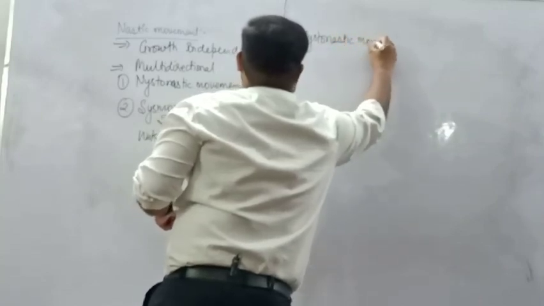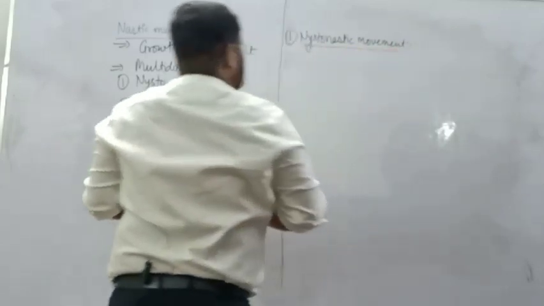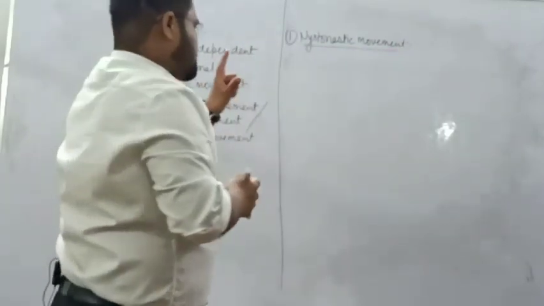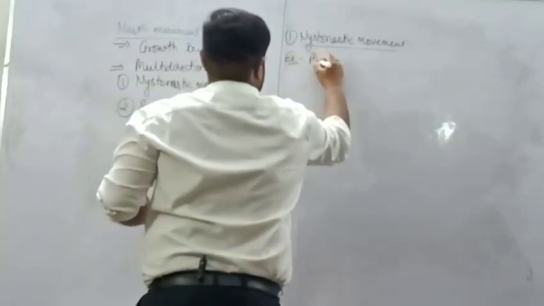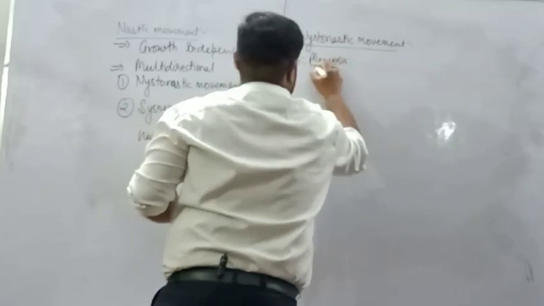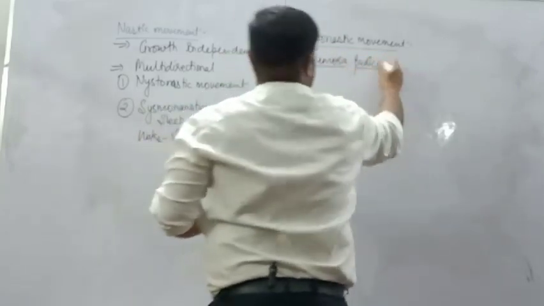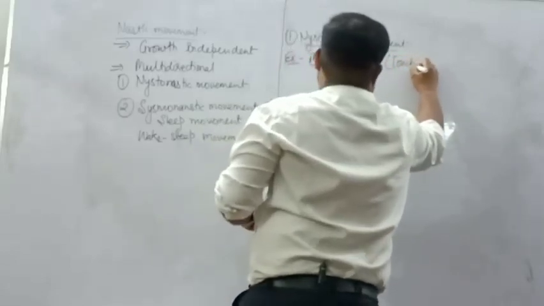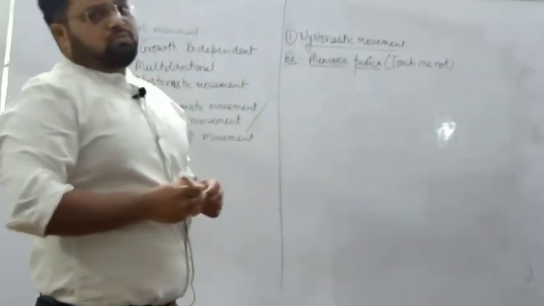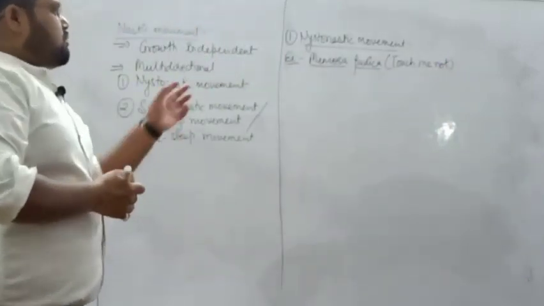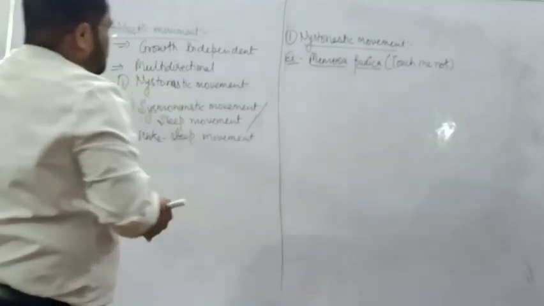The main thing is the example of nastonastic movement is Mimosa pudica, commonly called touch me not, or in Hindi it is called chui mui. Okay, so Mimosa pudica or touch me not or chui mui. Clear.